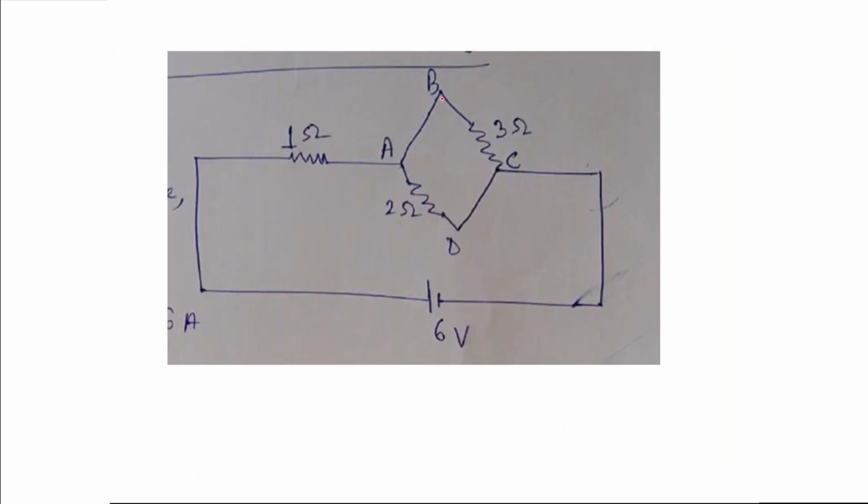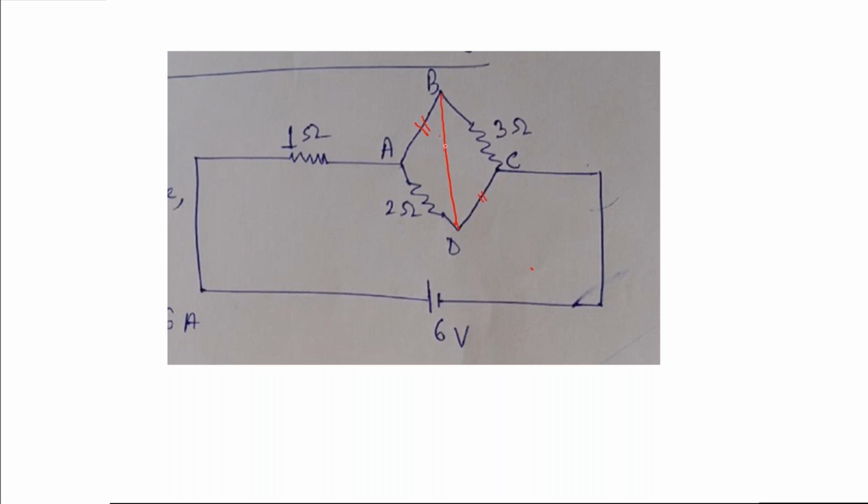I hope you people will be able to solve this problem. See, there is another wire connecting A and B. So this is kind of a Wheatstone bridge, where this is simply a wire. This is a 3 ohm resistance.